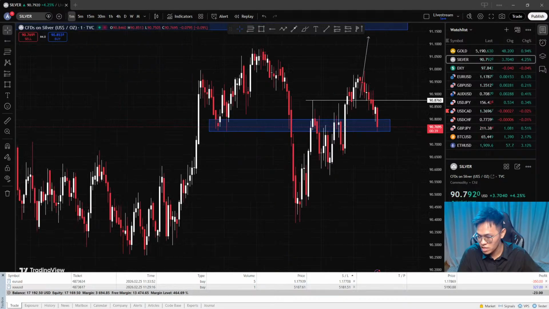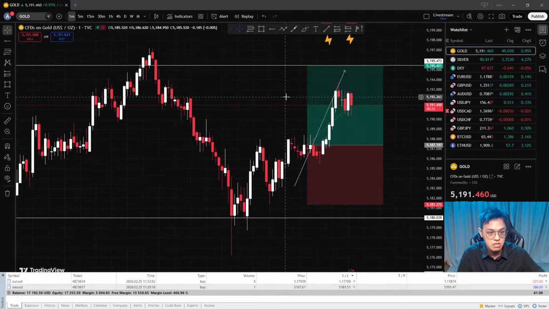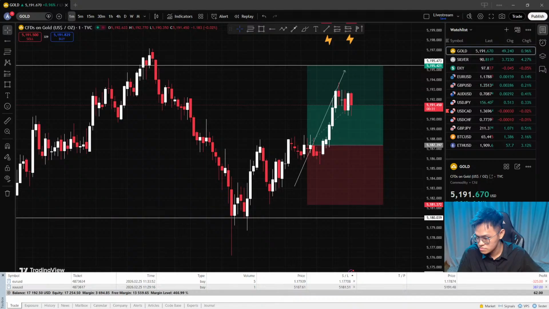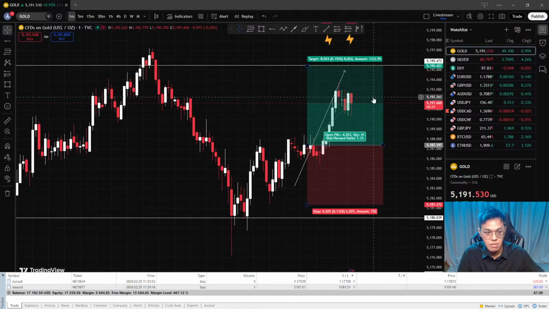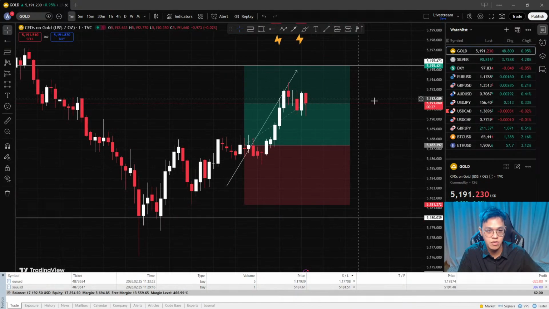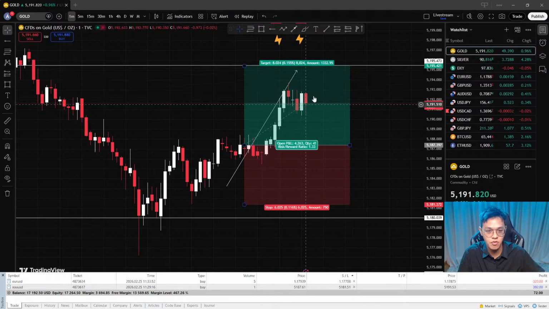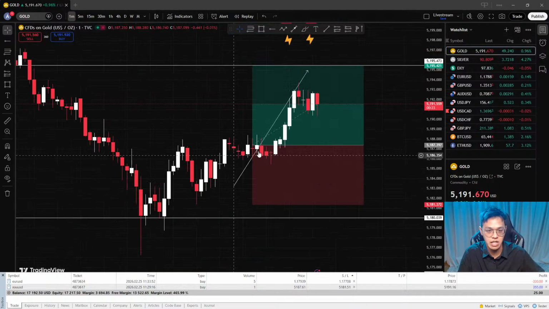Okay, so the price dropped again. But it seems like the price will form a small ranging area here, like this one.